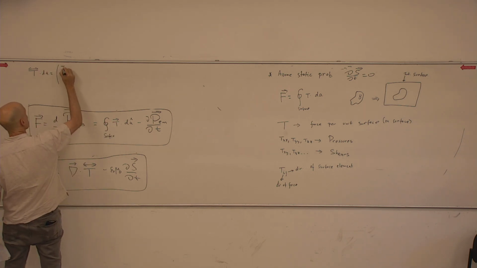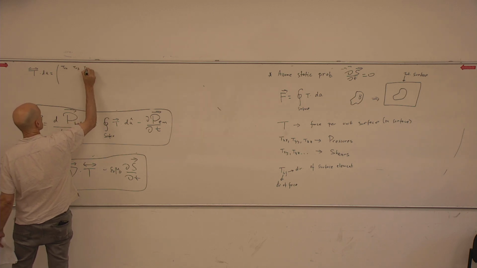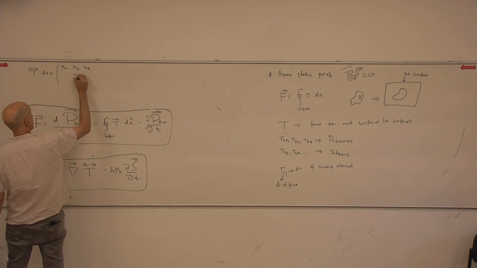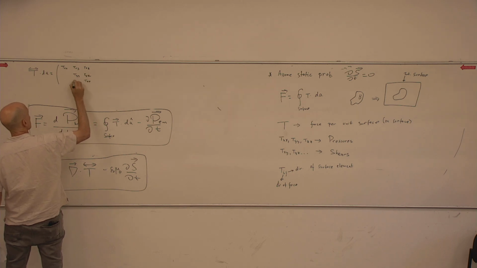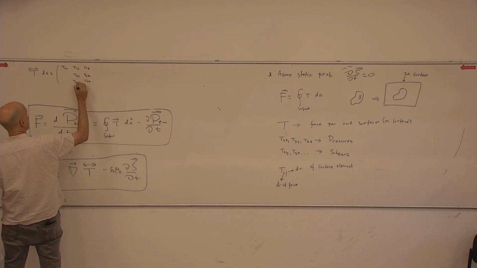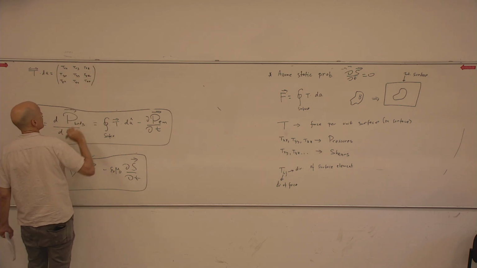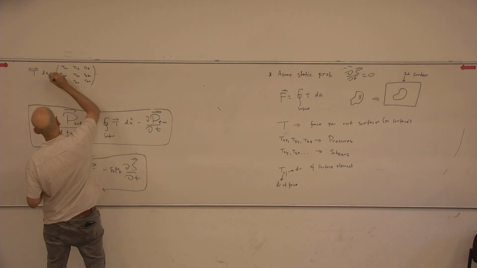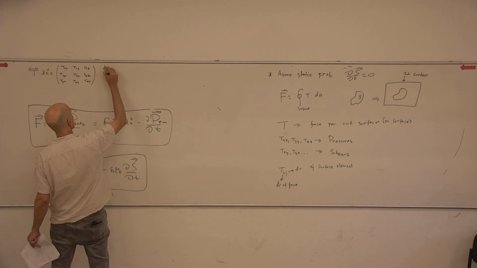This is like this: Txx, Txy, Txz, Tyx, Tyy, Tyz, Tzx, Tzy, Tzz. This in principle is dAx, dAy, dAz.